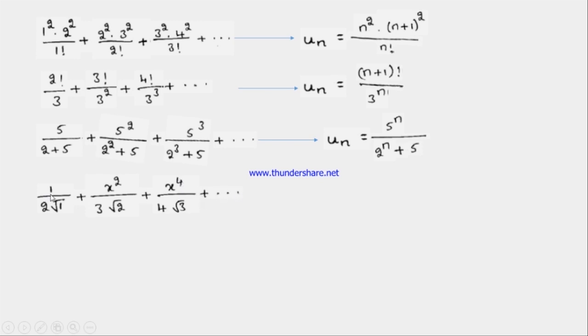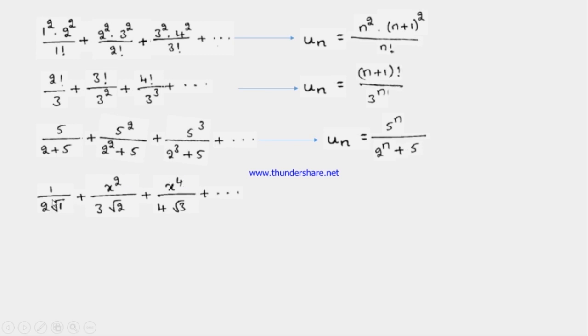Next example. So it is 1, x power 2, x power 4 and so on. First term I should write in terms of x. So it should be what? X power 2 times n minus 1. Because we are expecting the power should be multiple of 2. So it should be x power 2 times 0, x power 2 times 1, x power 2 times 2.